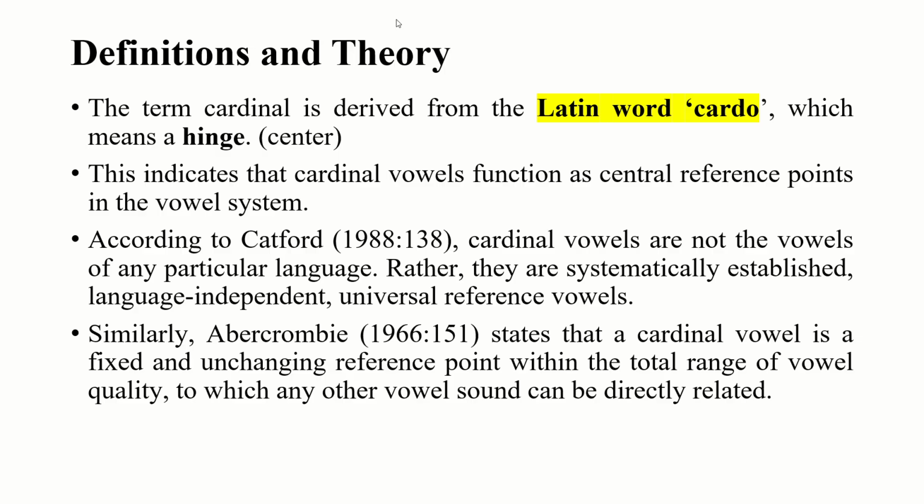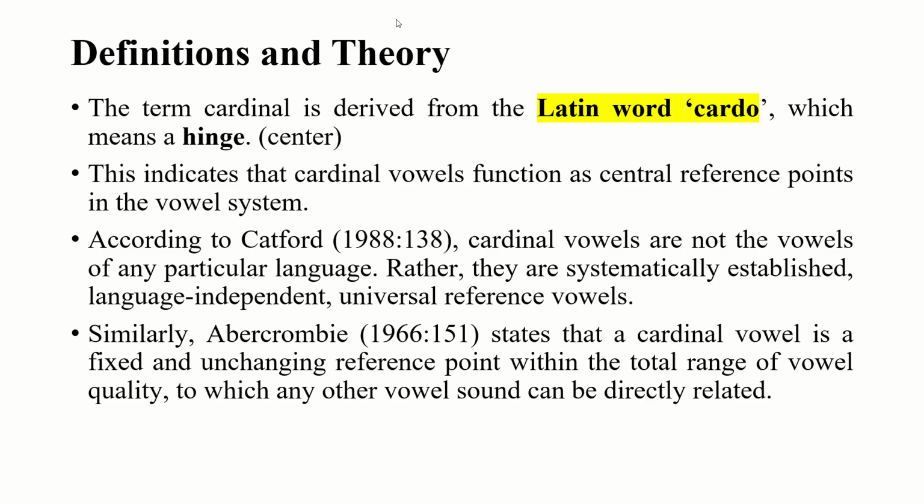Similarly, Abercrombie 1966 states that a cardinal vowel is a fixed and unchanging reference point. They are only the reference points on the basis of which other real vowels are described. They are the fixed and unchanging reference points within the total range of vowel quality to which any other vowel sound can be directly related.